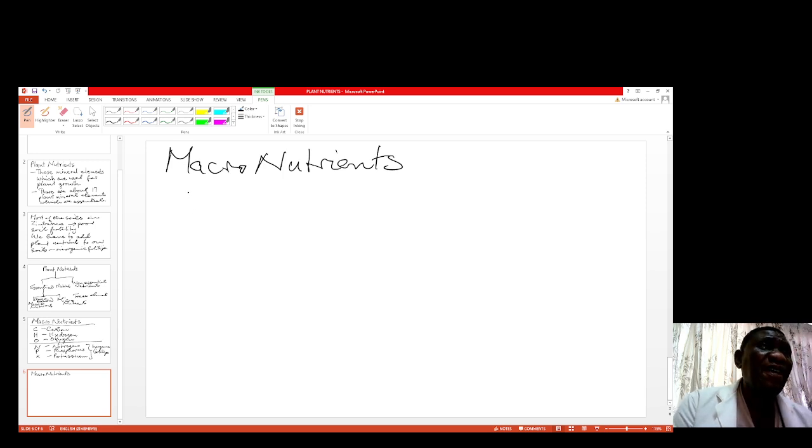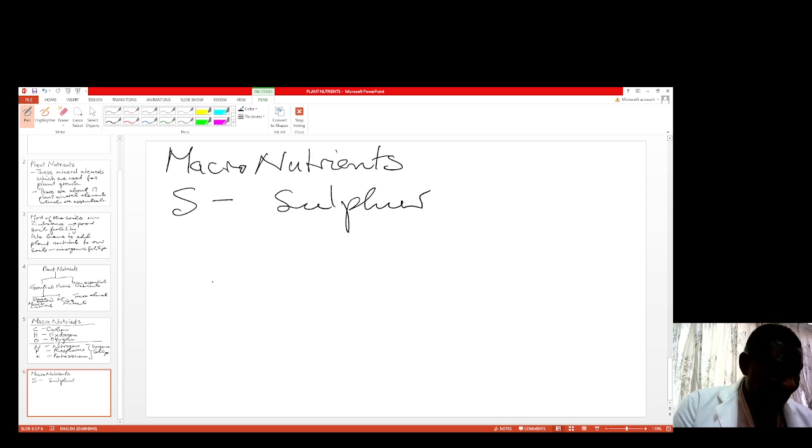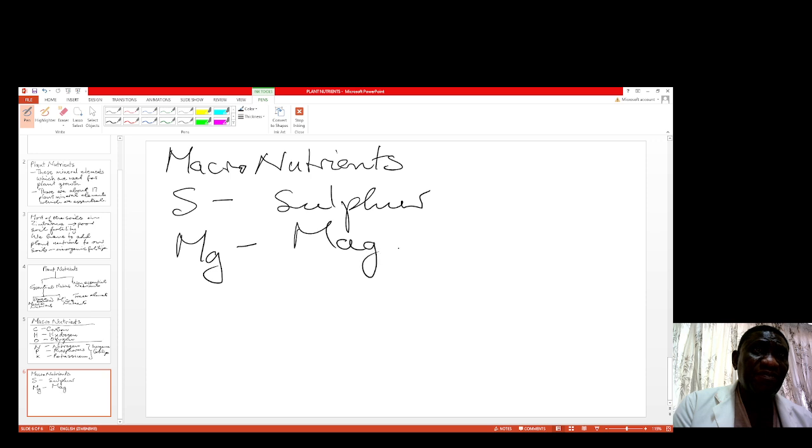We have S, standing for sulfur. We have got Mg, standing for magnesium. We also have Ca, standing for calcium.